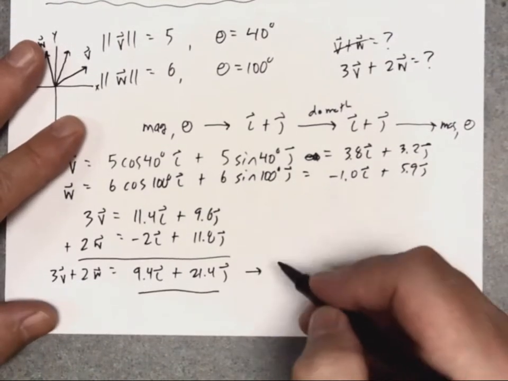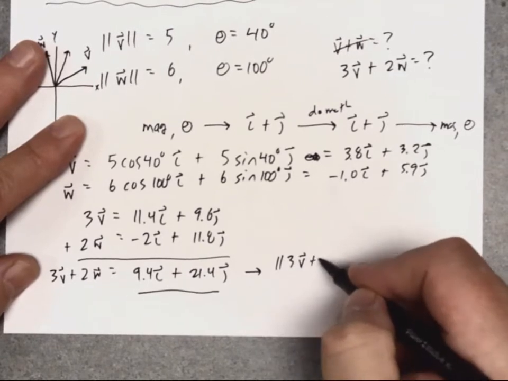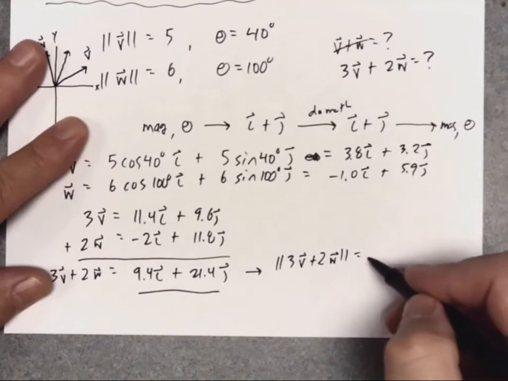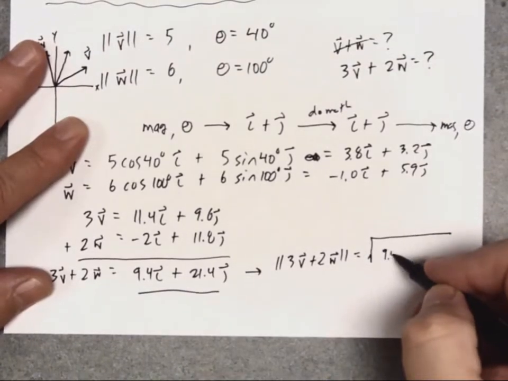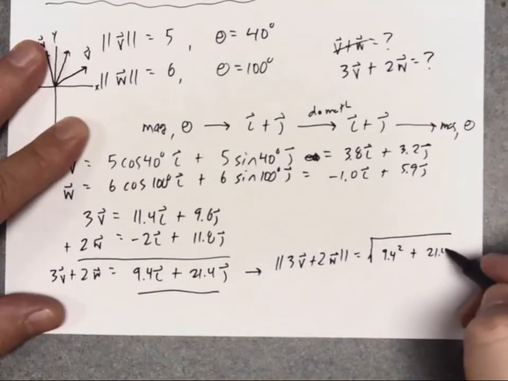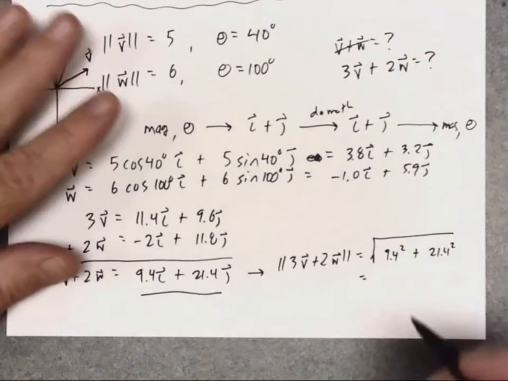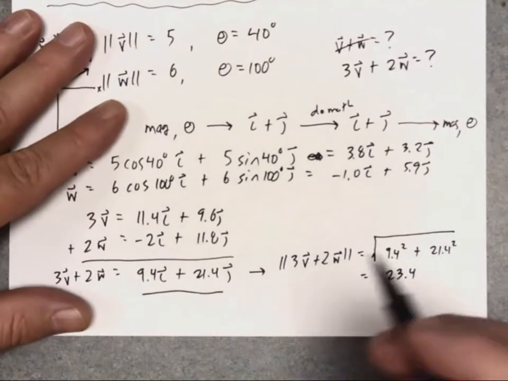So the magnitude, of course, is the square root of the i part squared plus the j part squared. We take the square root of all that, and you get 23.4.